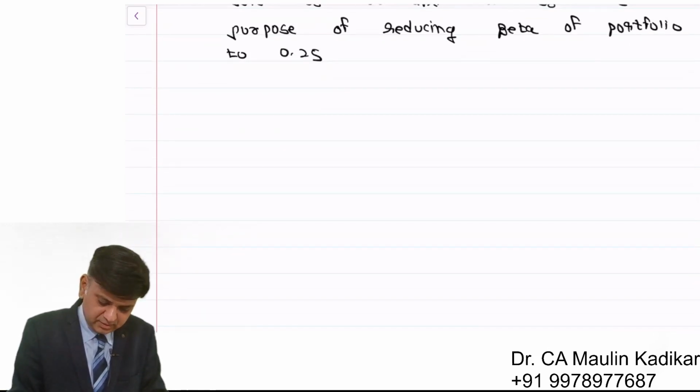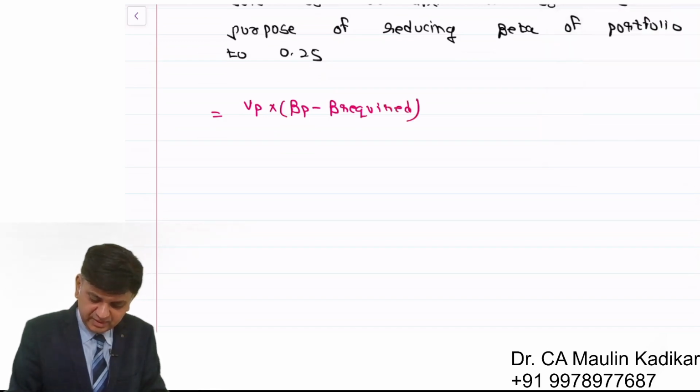So write down the formula. Value of the portfolio into beta of portfolio minus beta required, whole divided by futures index value into lot size.